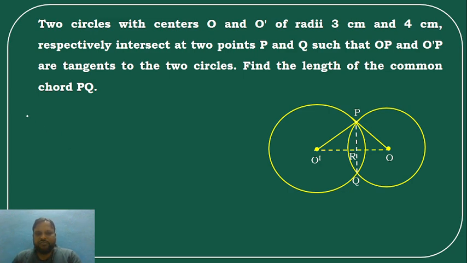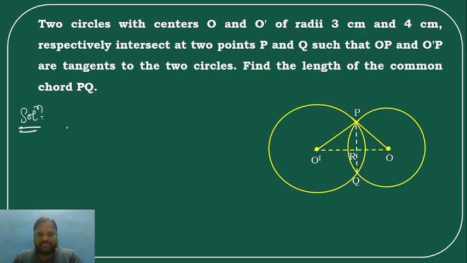Now when you go for the solution for this part, here you can see the triangle OPO dash. OPO dash is one triangle. Now O dash P is a tangent to the smaller circle, then O dash P is becoming a radius of the bigger circle.